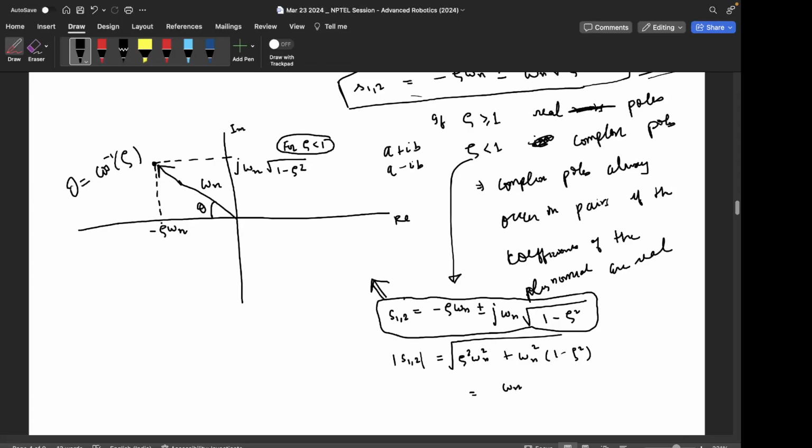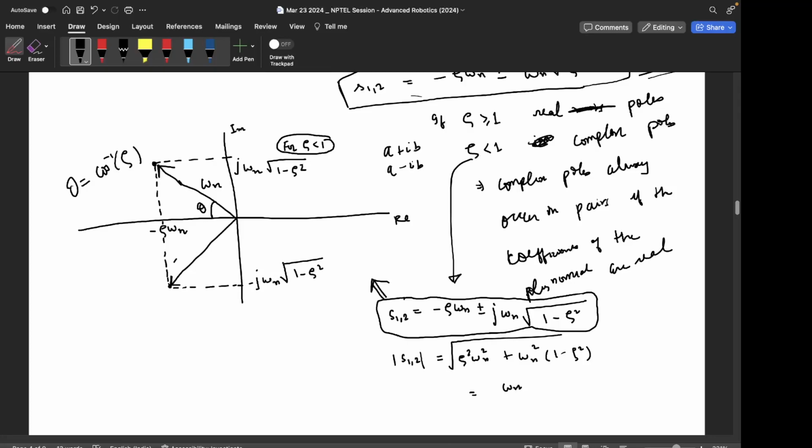Okay, and since it's a second order system, as I mentioned, there will be complex conjugate poles. So if one pole is complex, then the other will be the conjugate of that. The real part will be the same, just the imaginary part will be minus of the first one, so minus j omega n under root 1 minus xi square, right?